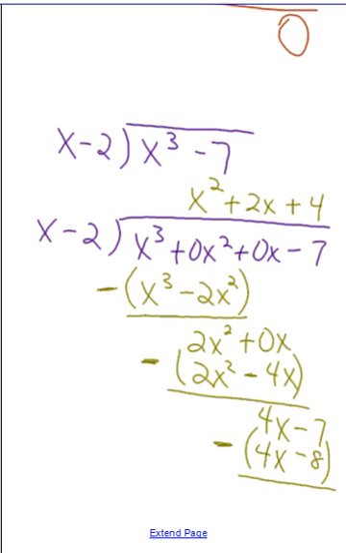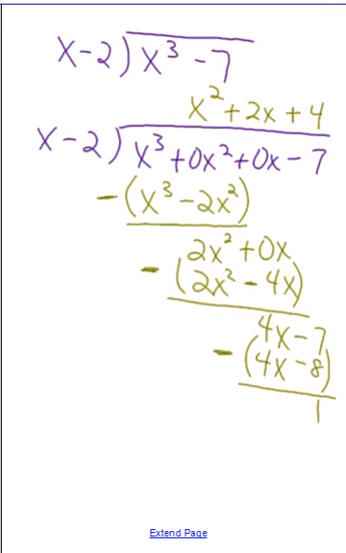So you came up with a remainder of 1, right? My quotient is 2x plus 4 with a remainder, plus 1 over x minus 2.